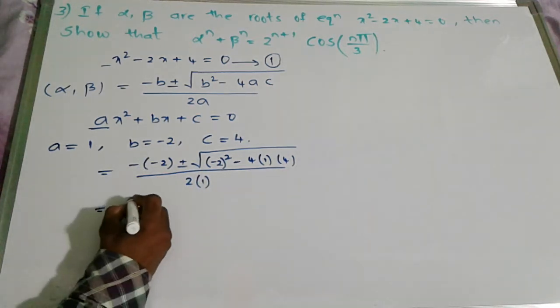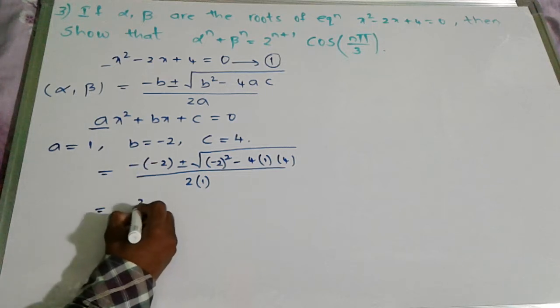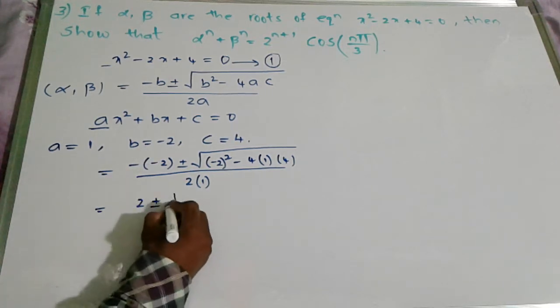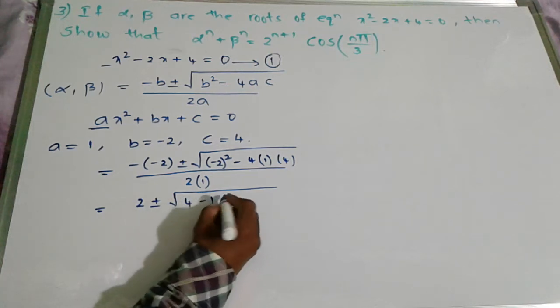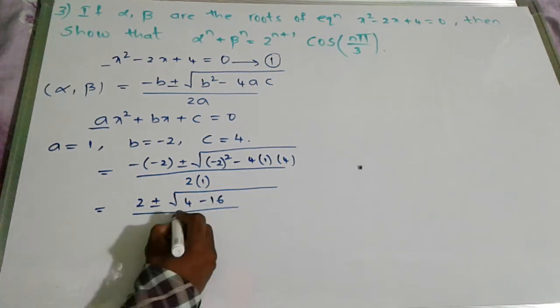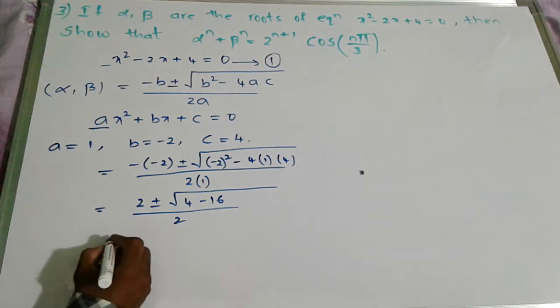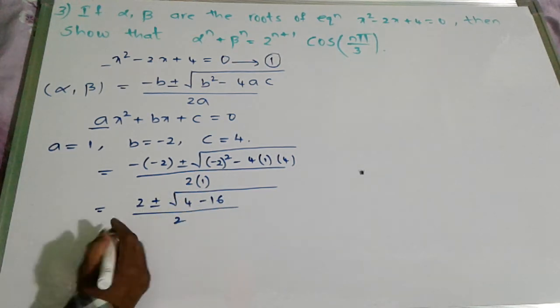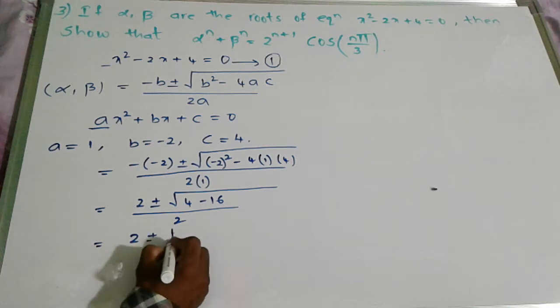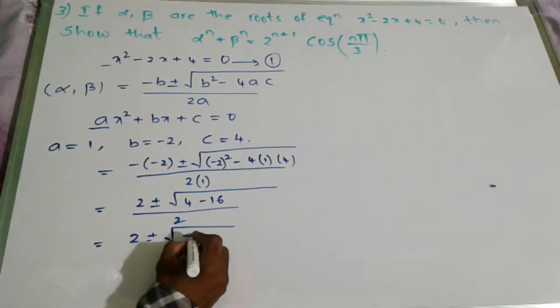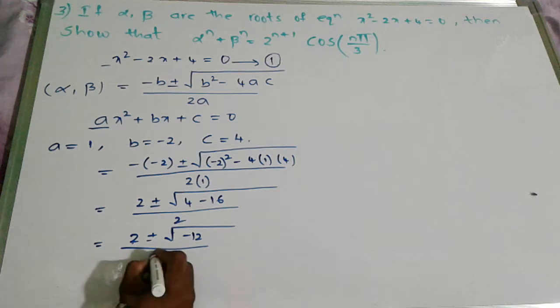We get minus into minus plus, so 2 plus or minus under root 4 minus 16 by 2. So 16 minus 4, 12, that is minus 12, right? Under root minus 12.